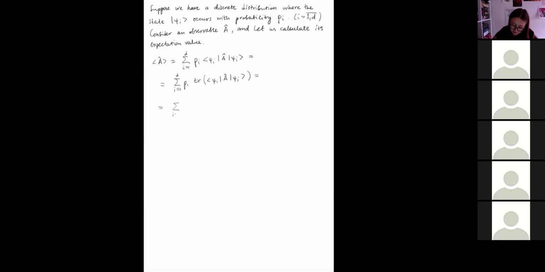Then let us remember something from linear algebra. It's quite easy to show that for 3 matrices, for example matrices A, B, C, if we take a trace, then we can switch the order of these matrices in their product but still get the same trace. So trace of ABC equals the trace of CAB.